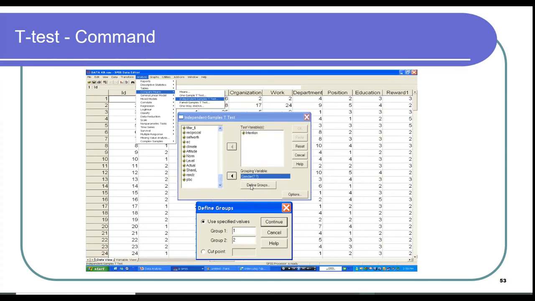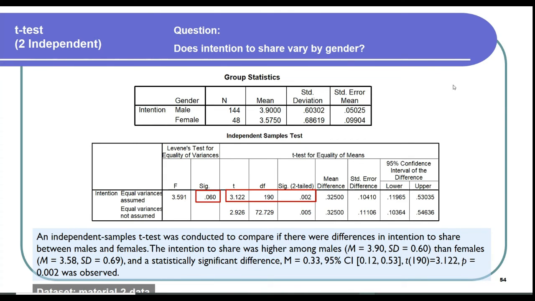Once you click on Define Groups, this window will pop up. You have two groups, 1 and 2, then click Continue and click OK. This is how you can run your independent sample t-test.